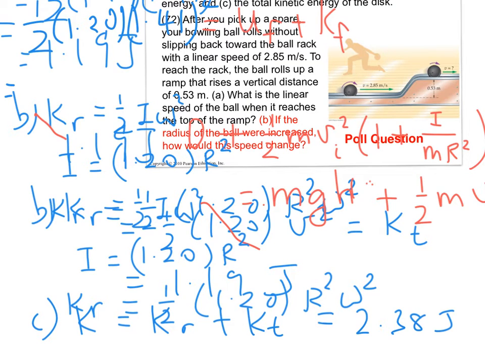The answer is it doesn't change. You can use a little ball bearing or a big, huge bowling ball. You roll it up the same ramp, they have the same speed at the bottom, they will have the same speed at the top. Doesn't matter what the radius is.